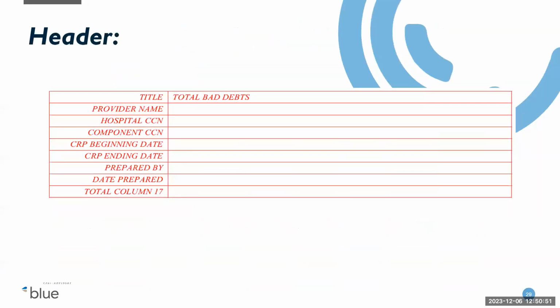The biggest change here really is the reporting by subcomponents of the different Medicare provider numbers. That's really the biggest difference here, is that historically we've just had one altogether. Now you have to have a separate listing for each of those subcomponents.